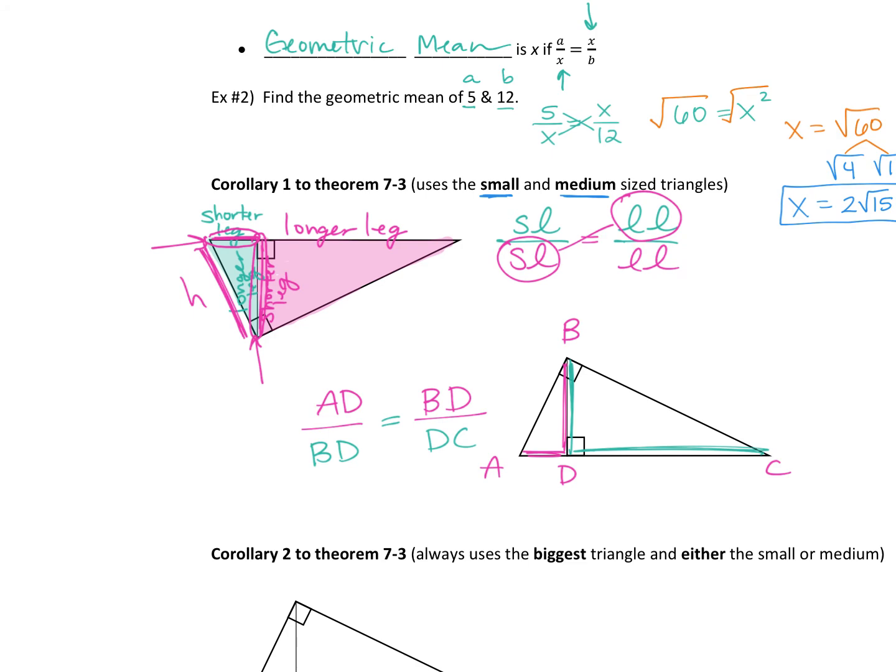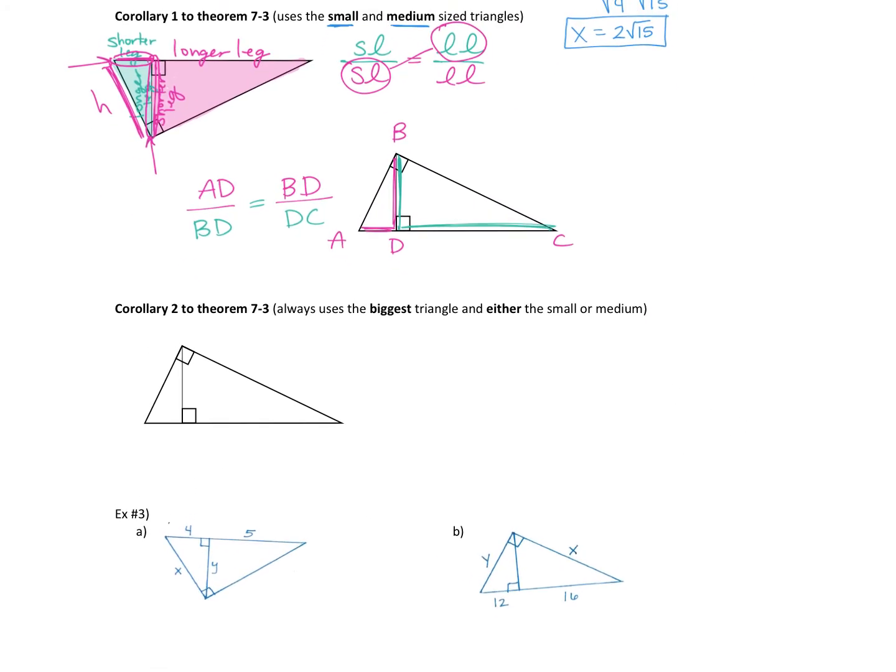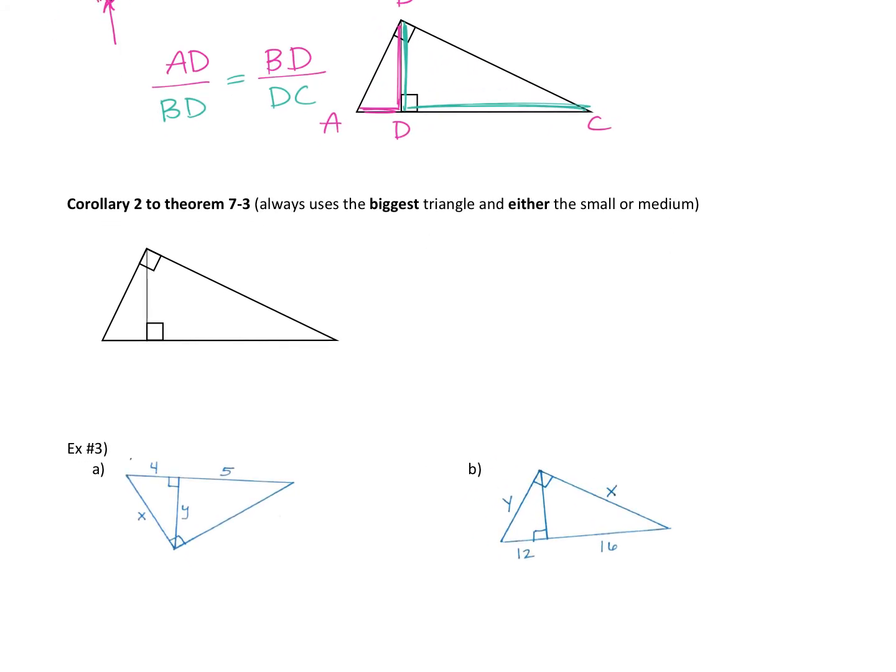Okay, there's a second corollary. I promise we're going to apply these in just a second. This one uses the biggest triangle and then either the small or the medium triangle with it. So this one says hypotenuse over hypotenuse equals longer leg over longer leg. Or hypotenuse over hypotenuse equals shorter leg over shorter leg.